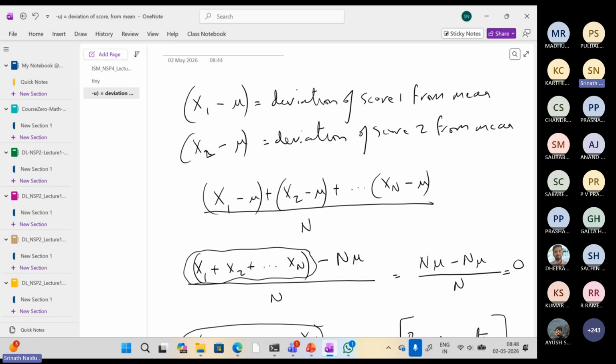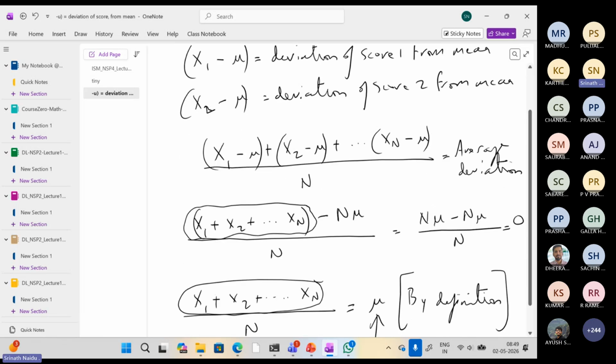So I have scores x1, x2, x3, xn. The deviation of score 1 is x1 minus mu. Score 2 is x2 minus mu, and so on. If I take the average deviation, it will be the sum of all the deviations of these n scores divided by n. That's the first thing. Let me call this the average deviation. This is what I'm trying to calculate.